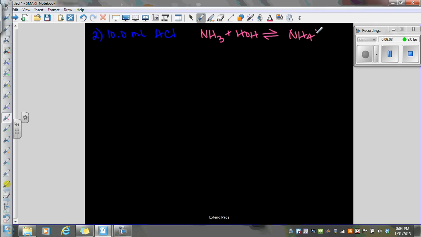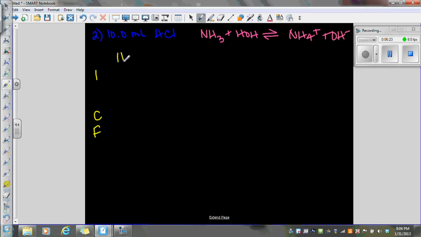And now let's say that we've got 10 milliliters of HCl. Okay, now we need to remember that this is the equilibrium to which that HCl is being added. So strong acid is going to react with the weak base. So we start with an initial, change, final table.